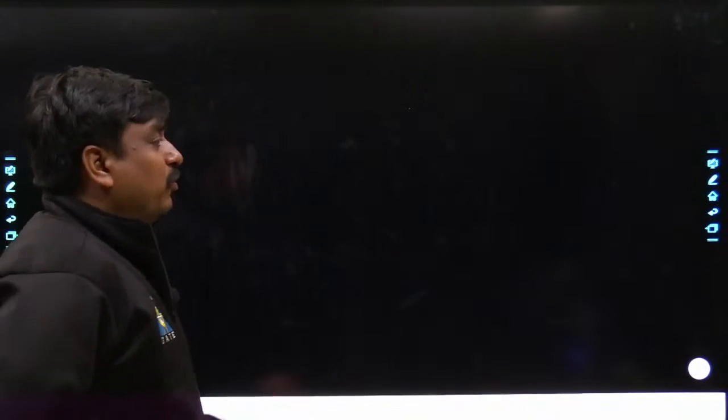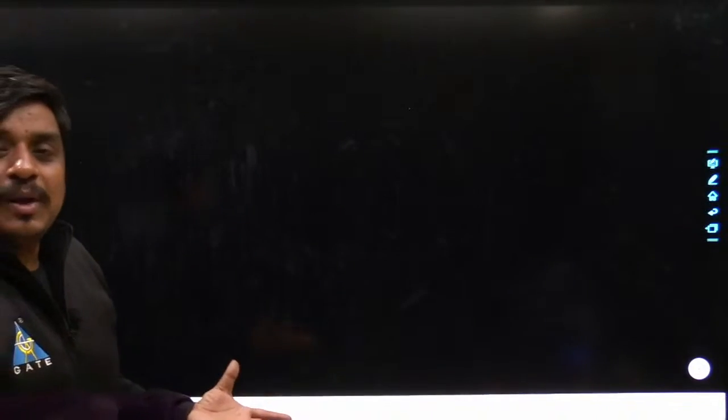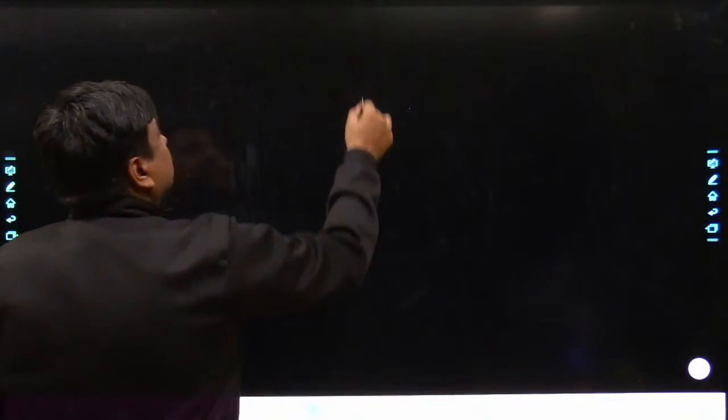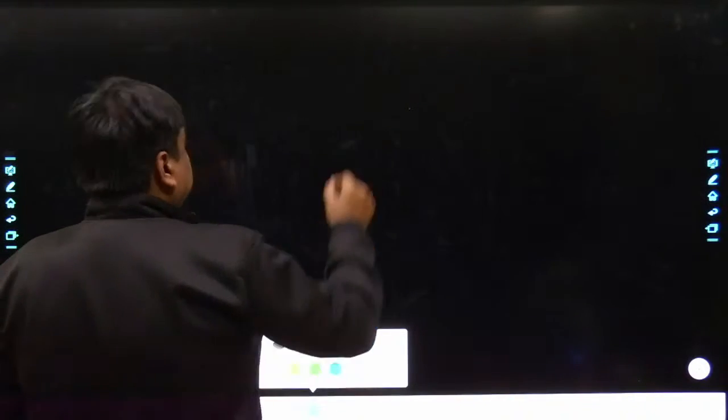Anyway, I am not jumping into the complete concept of the gradient, because I would be taking around 2 to 3 hours just focusing on the gradient. So keep the gradient aside for the time being, but still, with the help of a scalar field, I would try to give a taste of the gradient. So let me divide this page into two parts.